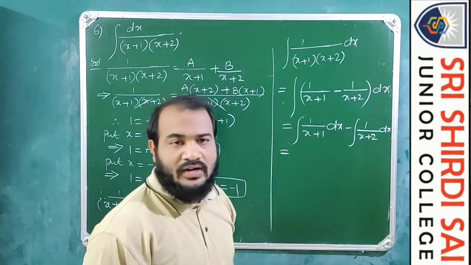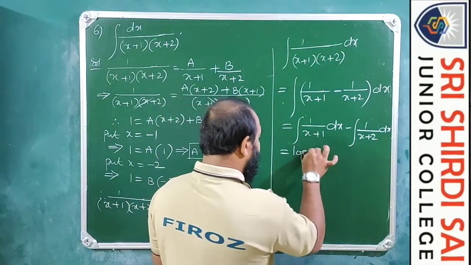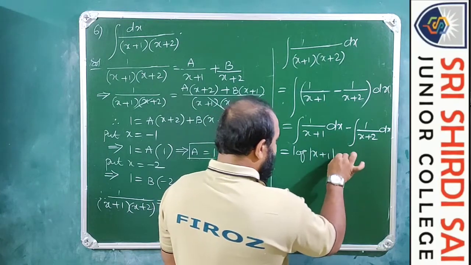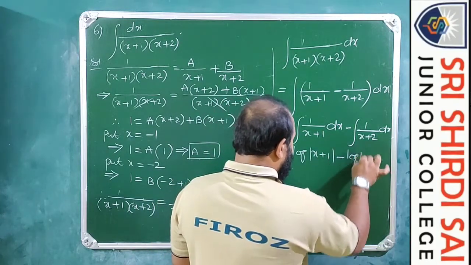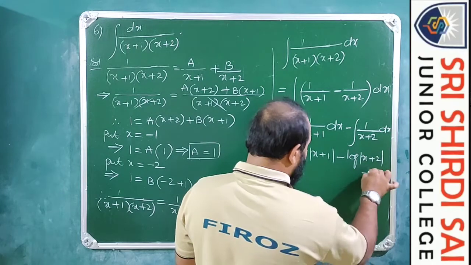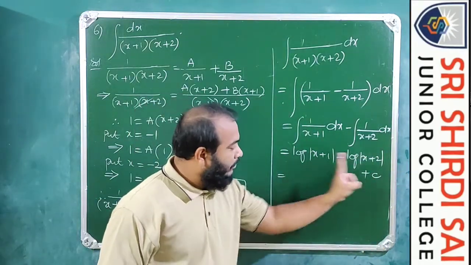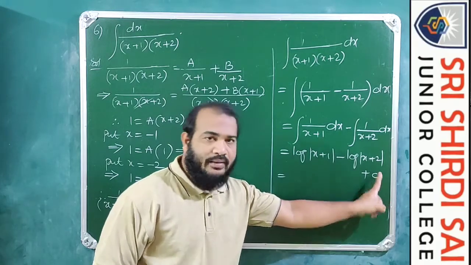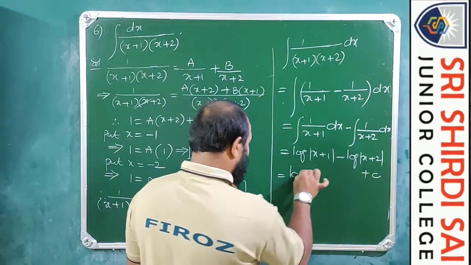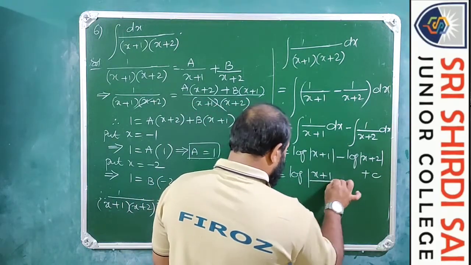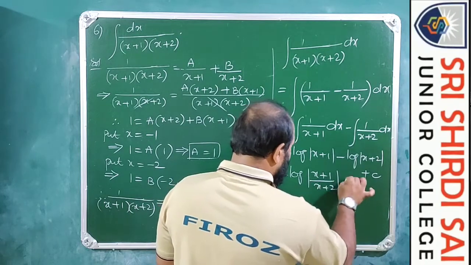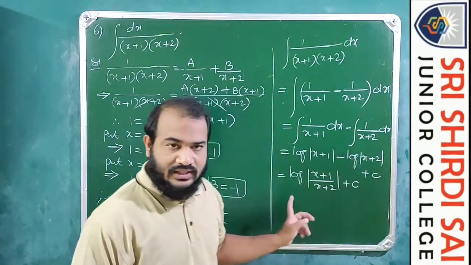So it is log modulus of x plus 1 minus log modulus of x plus 2 plus constant of integration c. This is of the form log a minus log b, log a by b. So this is log of (x plus 1) by (x plus 2) plus constant of integration c.